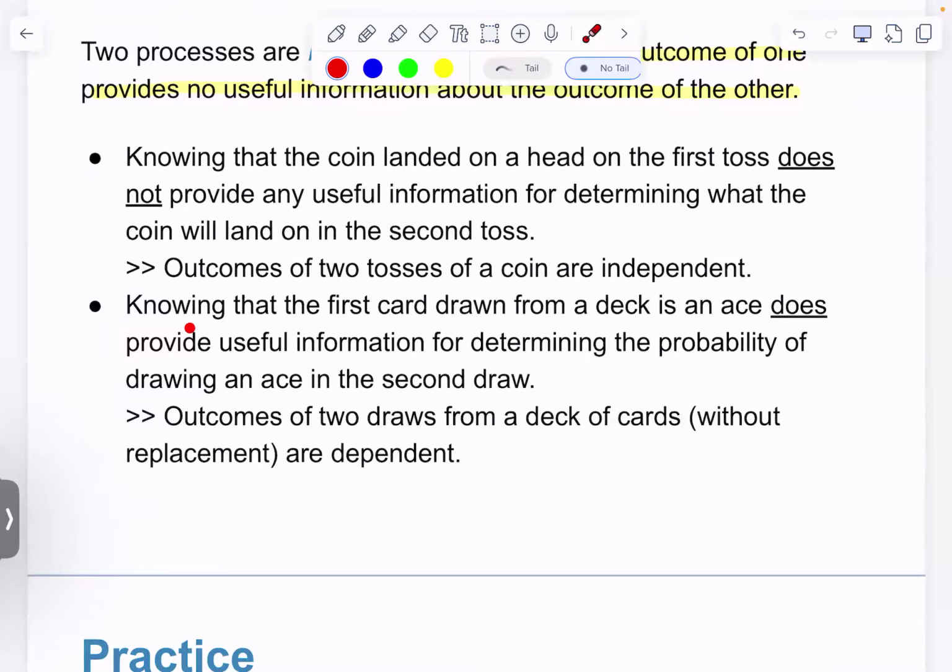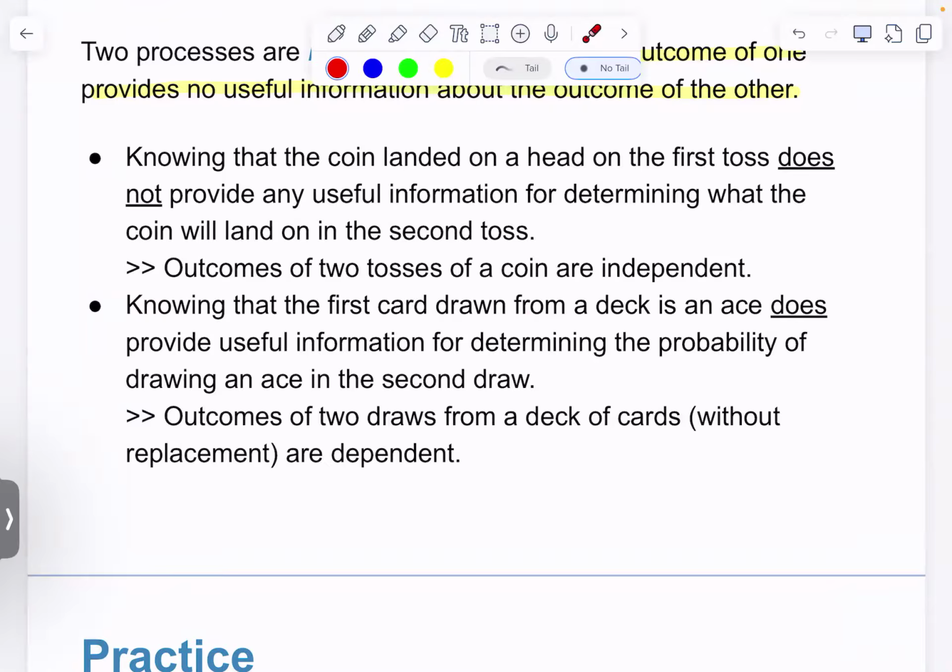Whereas if you've got a deck of cards, you're playing cards with your friends, and you know that the first card drawn from a deck is an ace. Now, assuming you're not replacing these cards, right? Most card games, you deal them and they're out, right? So you know what's happening in the rest of the deck.